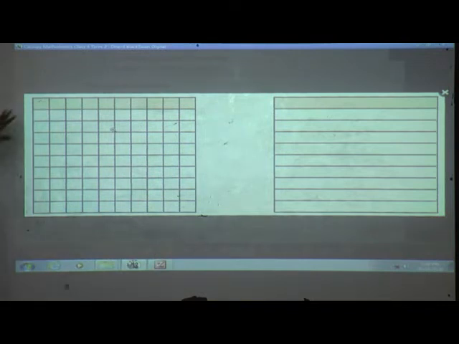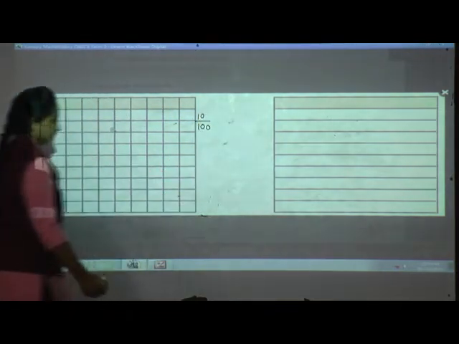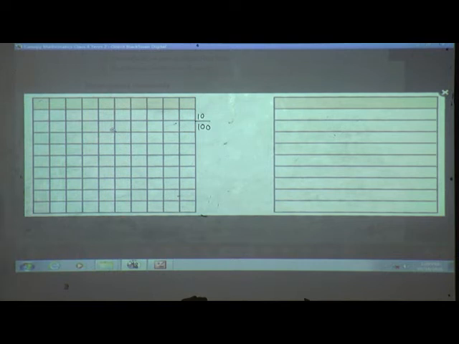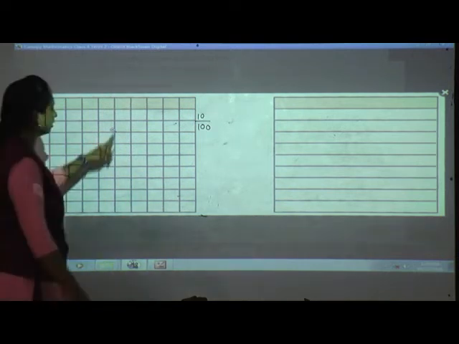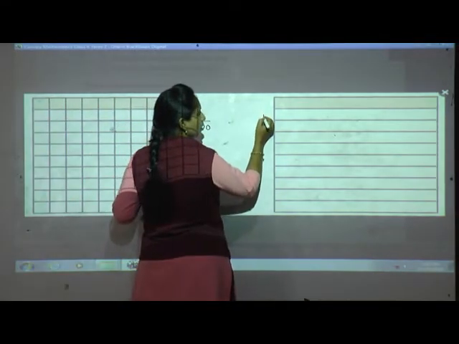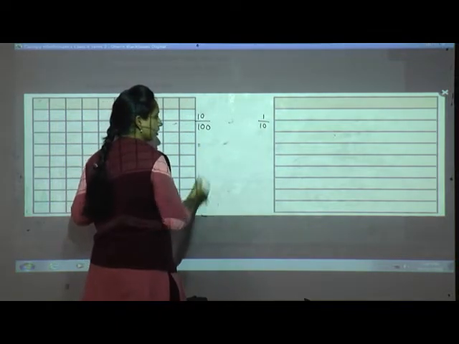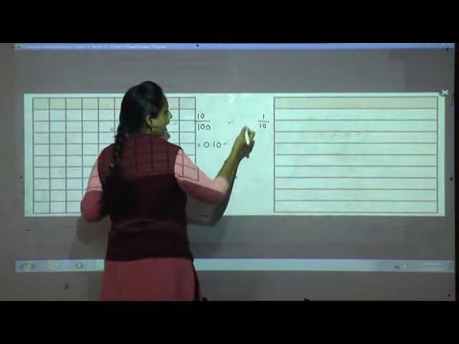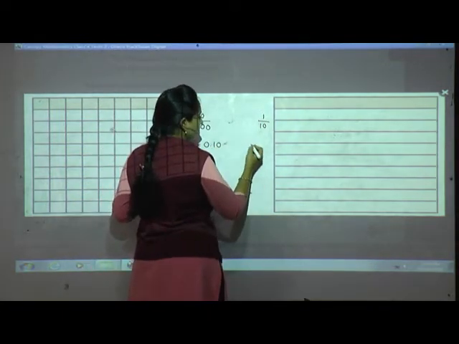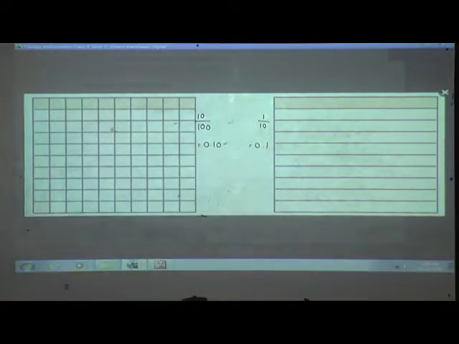Now see, this is divided into 100 equal parts, means 10 divided by 100 is the colored part. And here, 1 divided by 10. 10 divided by 100 means what? 0.10. And 1 divided by 10 means what? 0.1. Isn't it?